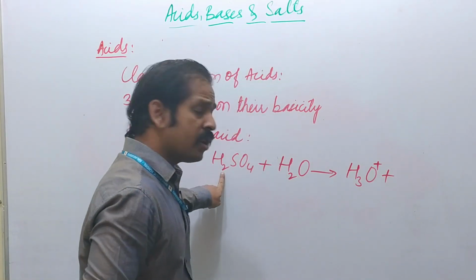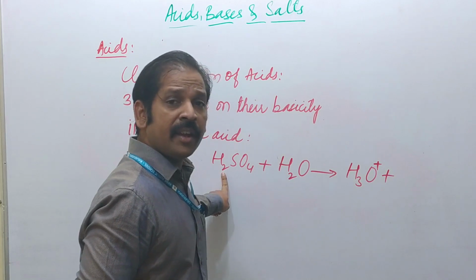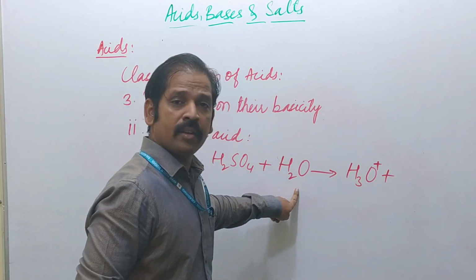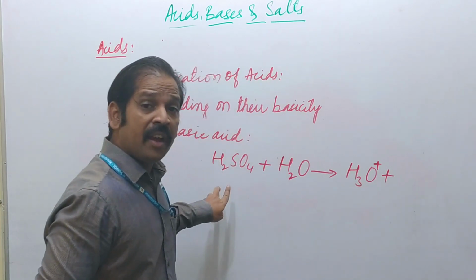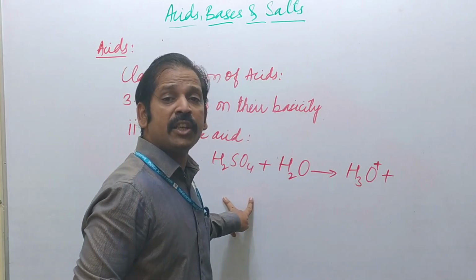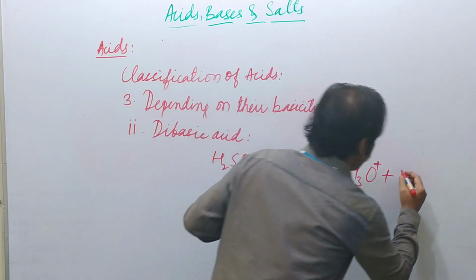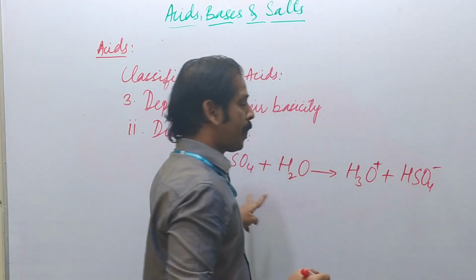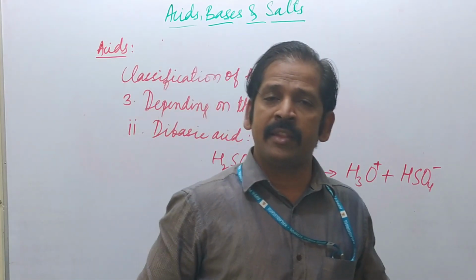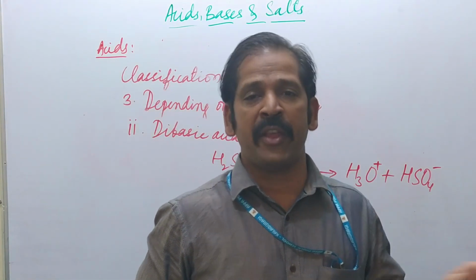One hydrogen from sulfuric acid is joined with the water. Now it has become H3O. Now what remained here? Here we have got HSO4. HSO4 is negative, that is an anion.